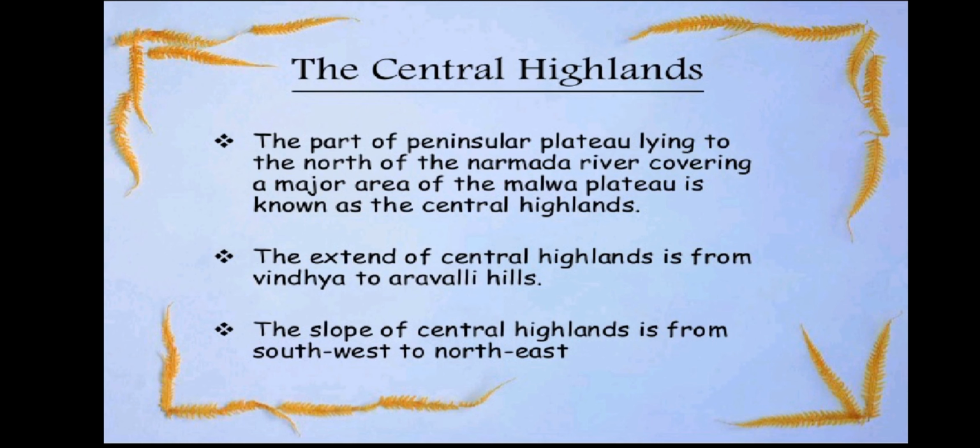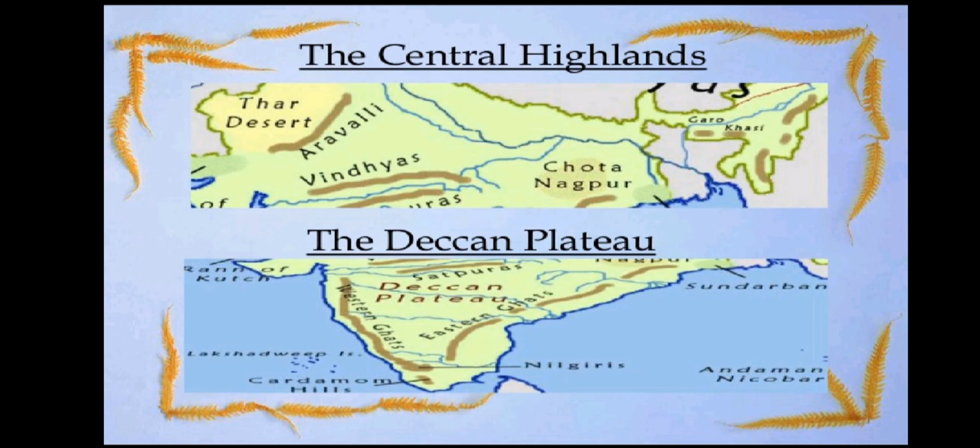Now, let us discuss the first part, that is Central Highland. It is a division of the Peninsular Plateau. These highlands are made up of hard, igneous and metamorphic rocks. The old Aravalli range borders it in the northwest, as you can see on the map. The Central Highland further consists of the Malwa Plateau in the west and Chota Nagpur region in the east.